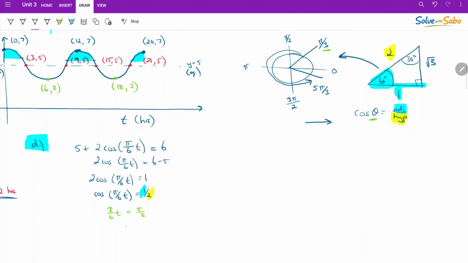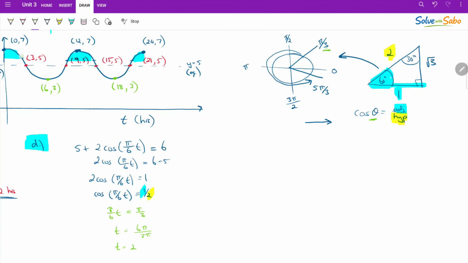And all we've got to do is rearrange. t equals 6 pi over 3 pi, which is just 2. So the very first location must be 2.